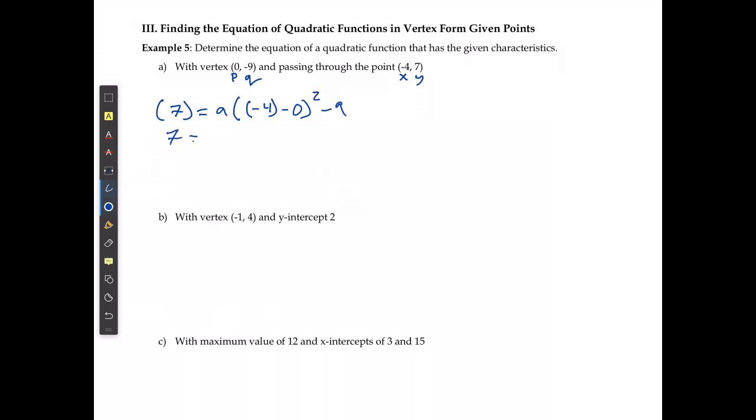This is going to give me 7 is equal to a(-4 minus 0) is going to be -4 squared, minus 9.